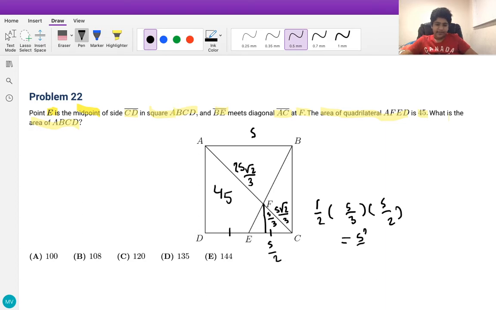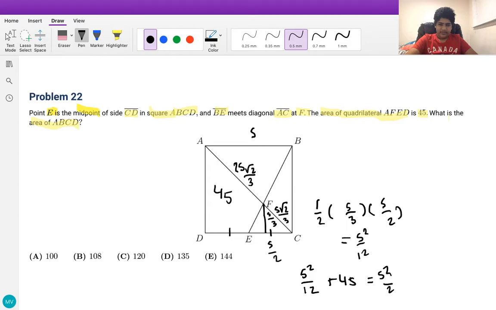And we know that since the total area of ADC is S squared over 2, S squared over 12 plus 45, which is the area of that quadrilateral, is going to equal S squared over 2.